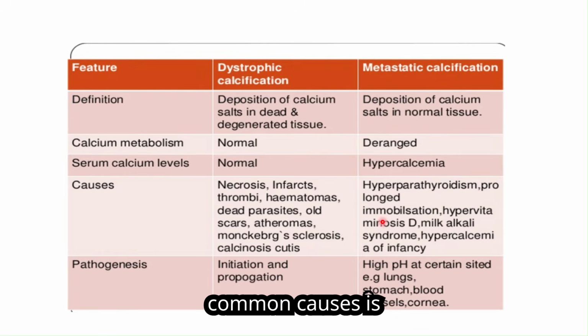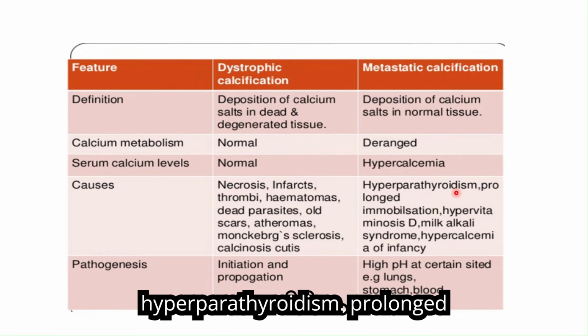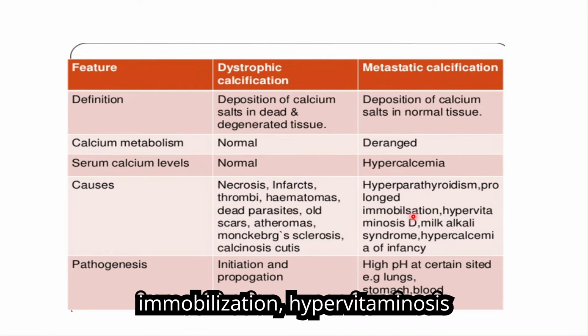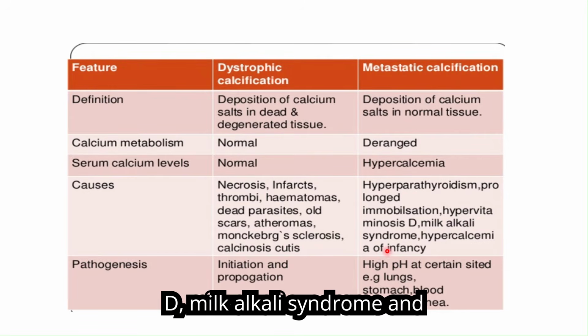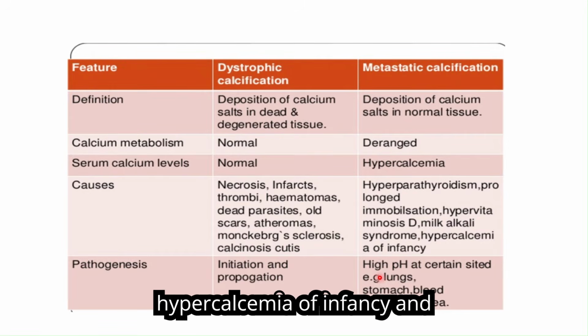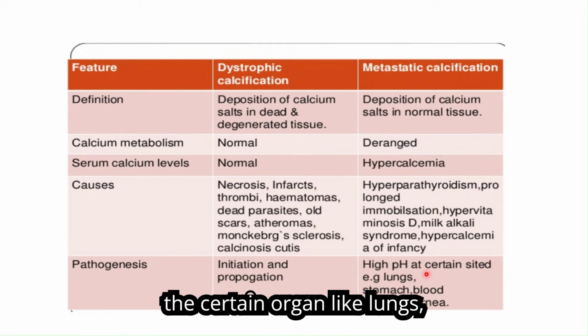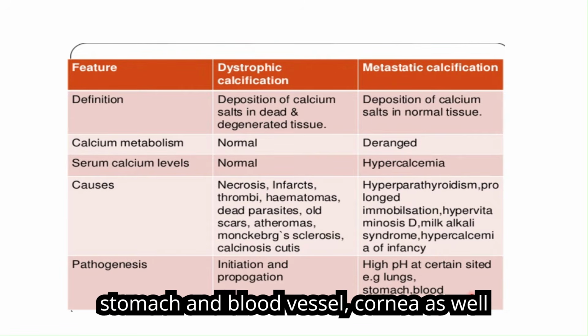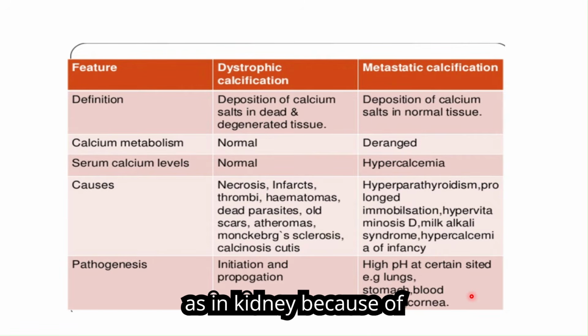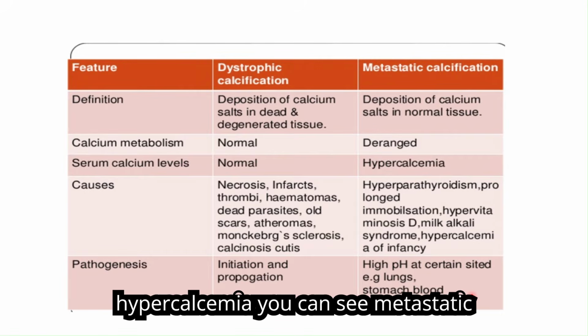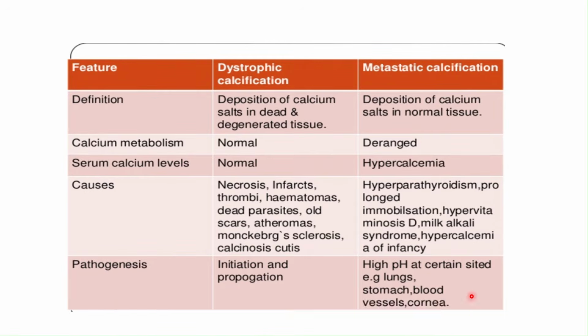Common causes are hyperparathyroidism, prolonged immobilization, hypervitaminosis D, milk alkali syndrome, and hypercalcemia of infancy. And this is due to high pH in certain organs like lung, stomach, blood vessel, cornea, as well as kidney. Because of hypercalcemia, you can see metastatic calcification.